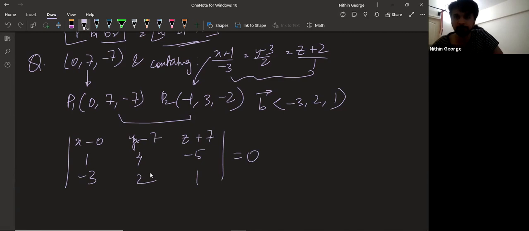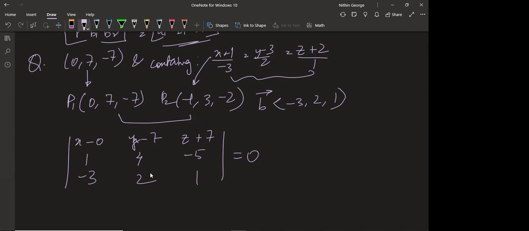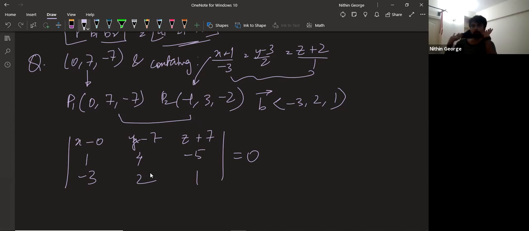You have to calculate the rest, but you got the idea of how to find the equation of a plane. I hope both of you are thorough with this. Any situation, you can find equation of line, equation of plane, doesn't matter. Just be careful of the language of the question from now.